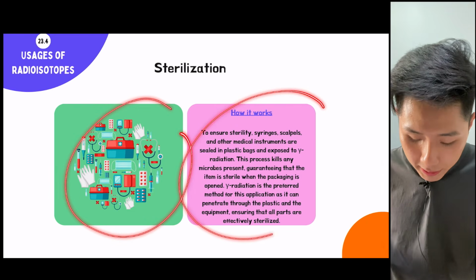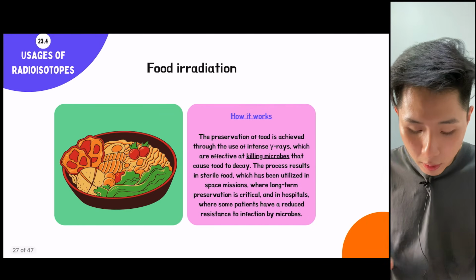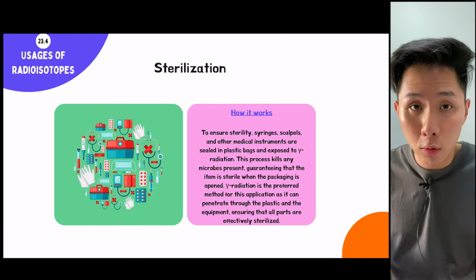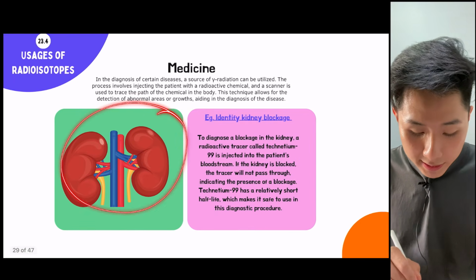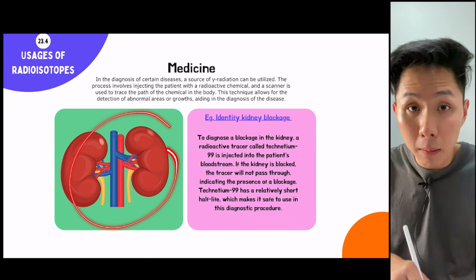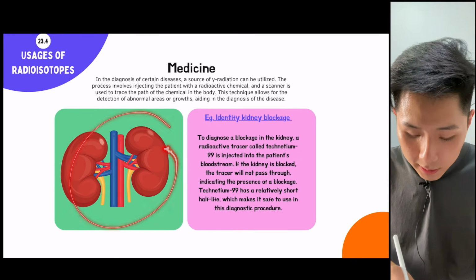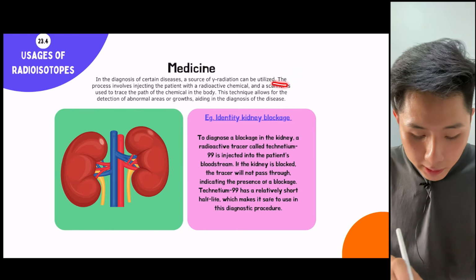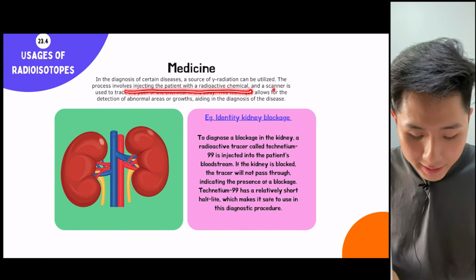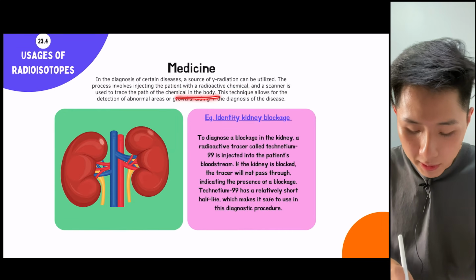Sterilization of equipment: similarly to the food example, they can be used to sterilize all the equipment. And for medicine, this is interesting. They are used to identify a blockage in the kidney. The process involves injecting the patient with a radioactive chemical, and a scanner is used to trace the path of the chemical.